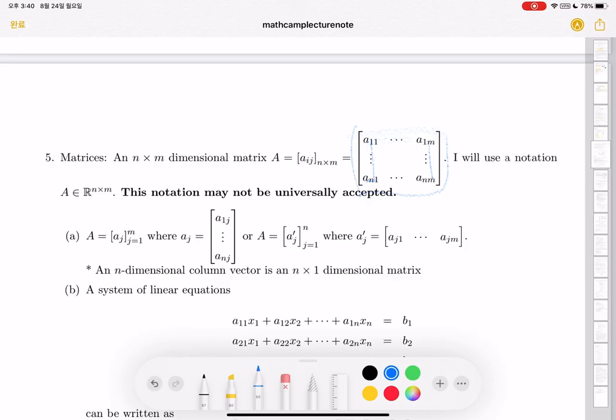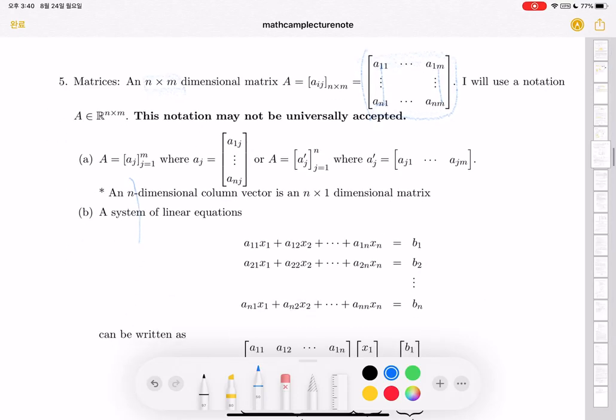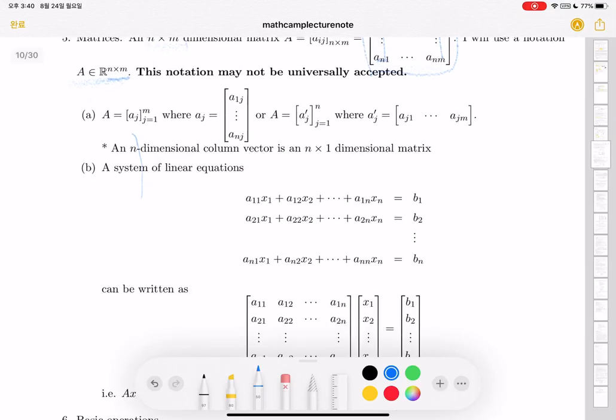So an n by m dimensional matrix can be written this way. Okay, I'm gonna use this notation, and this notation is by no means universally accepted. So this is basically for my course only, for the simplification of notations. A transpose.